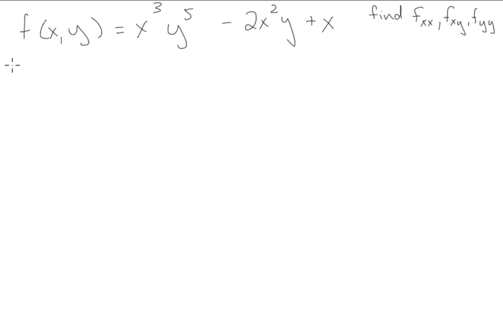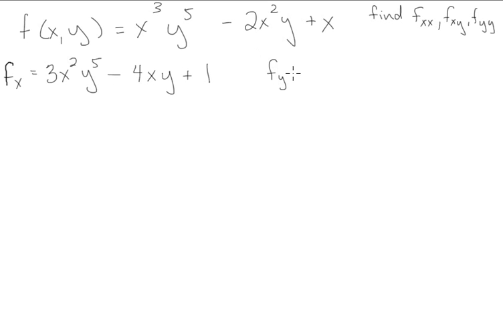All right, so I'm going to take the first derivative with respect to x. I bring down the 3, I get 3x squared. My y to the 5th is a constant term. For the second term, I bring down the 2, I get 4x. My y is a constant term, plus the derivative of x is 1.